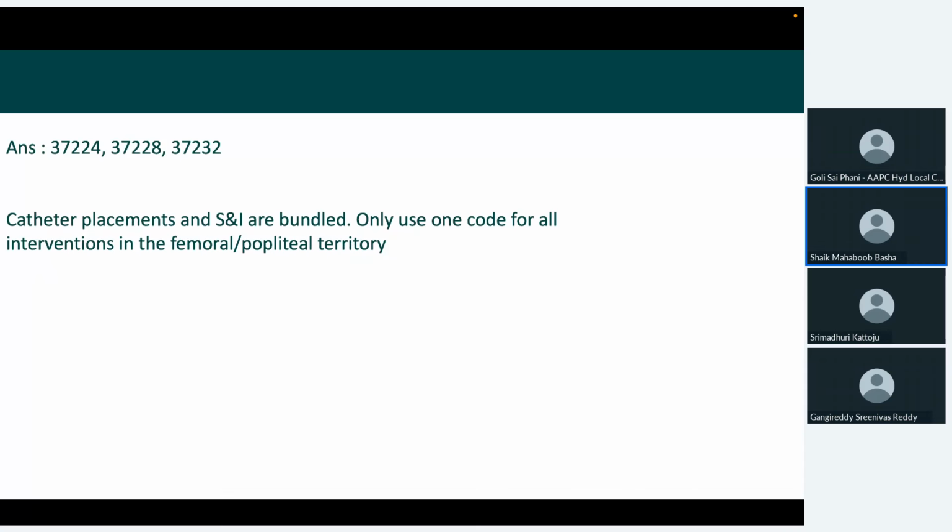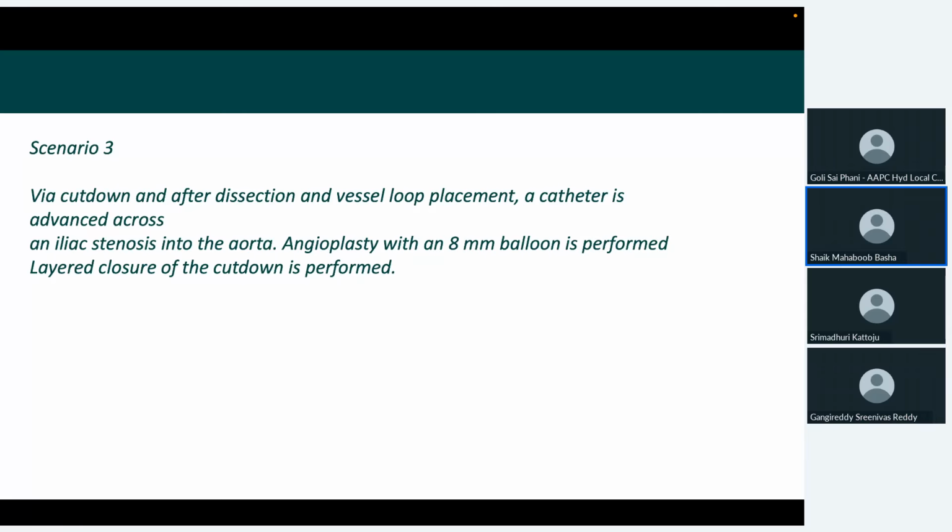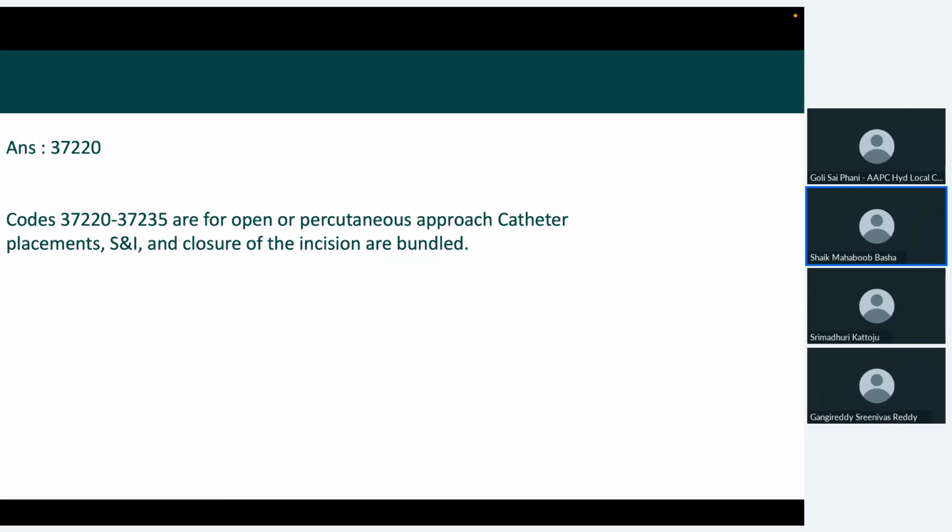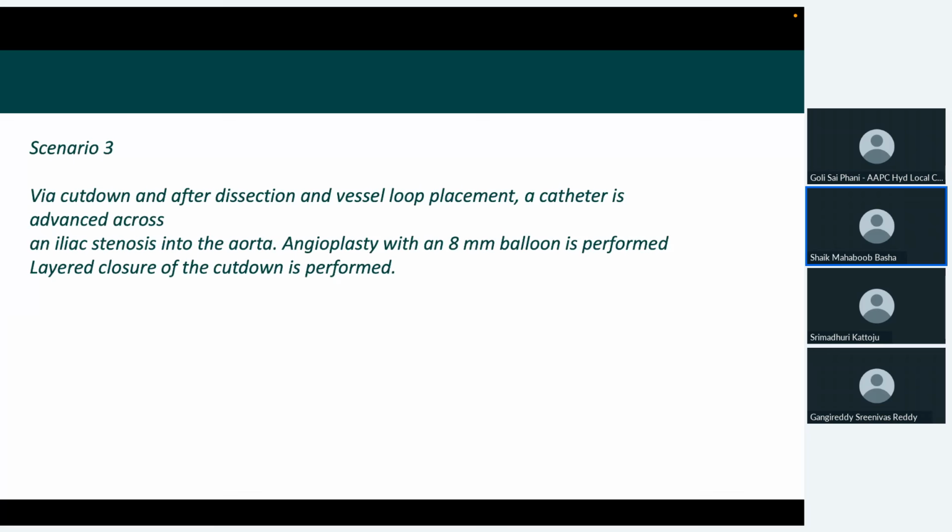Iliac stenosis: iliac is not 37224 to 37232. Those codes are for femoral. Someone coded 37221, that is stent placement for iliac. Angioplasty for iliac is 37220, right? Even though it is a cut down of the artery, then layered closure was done, it doesn't matter.